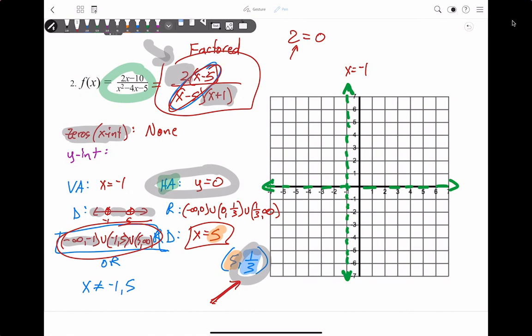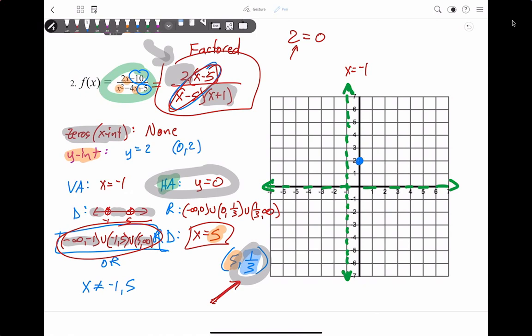So we're just going to say none. And then the y-intercept is the easy one: putting x as 0 makes all those 0. So I have negative 10 over negative 5, which is a positive 2. So y equals 2, or the point (0, 2). There's that, but it will never hit the x-axis.